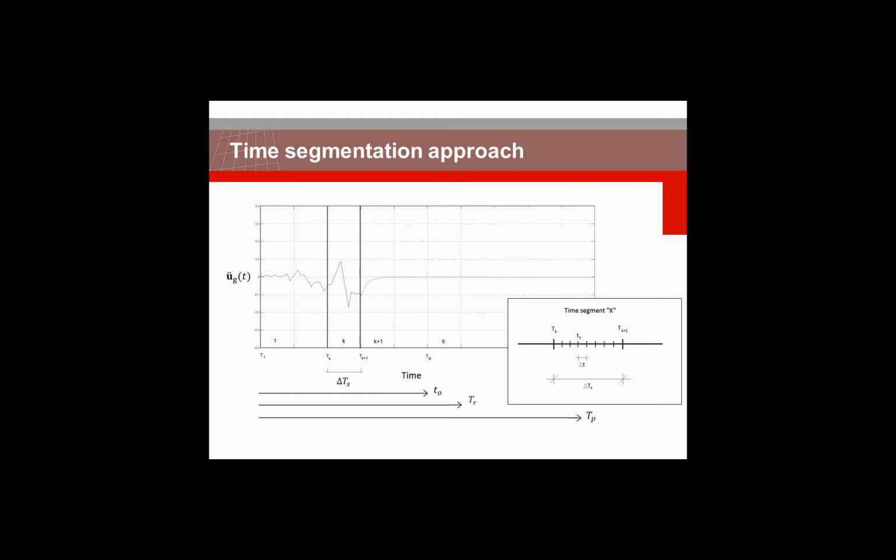And finally, the time segmentation approach of the HFTD makes it possible to solve the equation point by point inside a time segment. For example, time segment K is divided into several time points, and we solve only the solution of this time segment, and only after we finish finding the convergence in all the points of the segment.